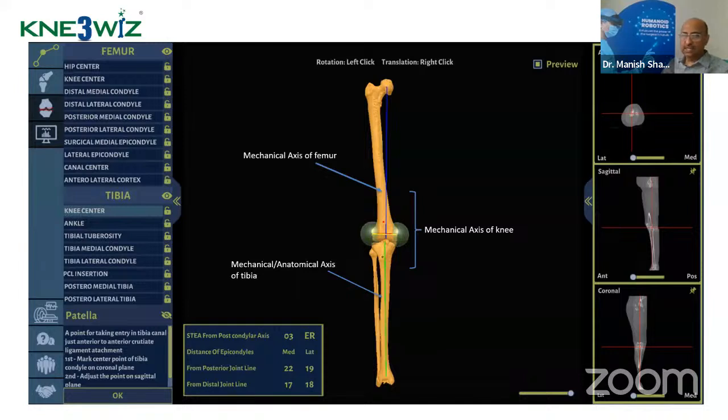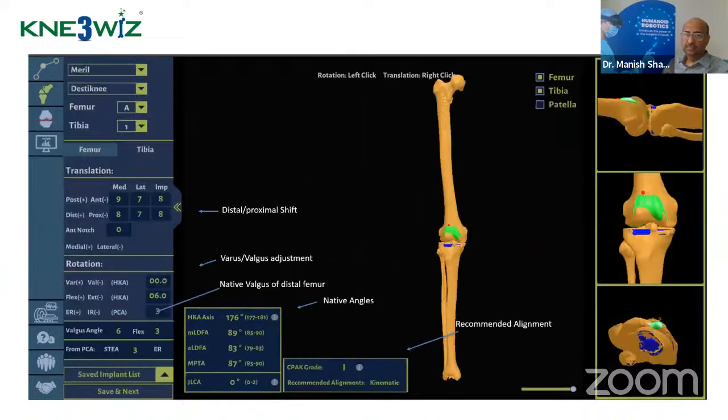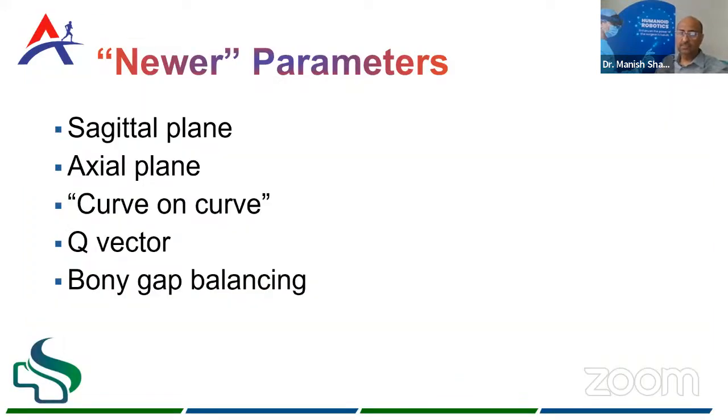It's important to understand the nuances of each individual and plan accordingly. Plan for what is the native and then how much one intends to correct. What are the other parameters that we should be looking at?